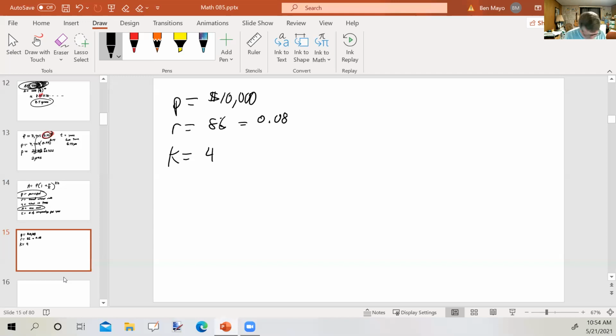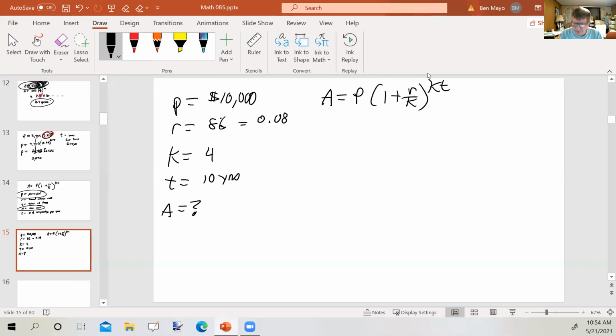Okay. How much will be in the account after 10 years? So T is 10 years. And the question is, how much will there be at the end? Okay, so our formula, A equals P times 1 plus R divided by K, all to the KT power.